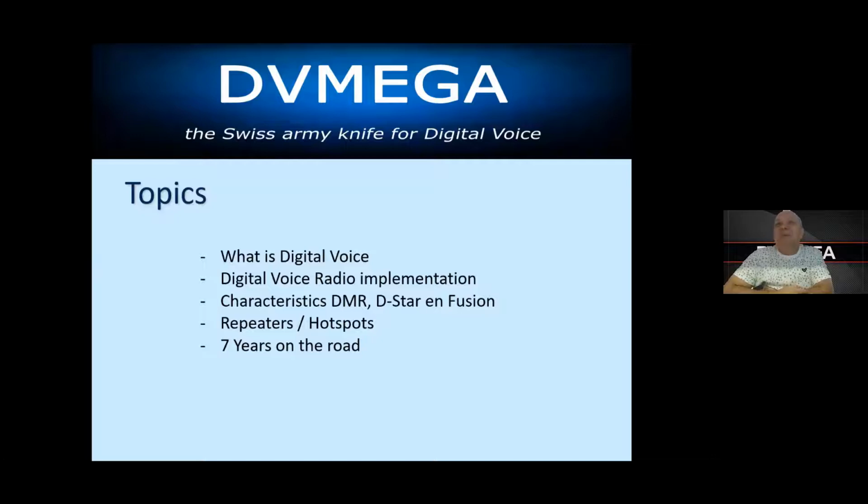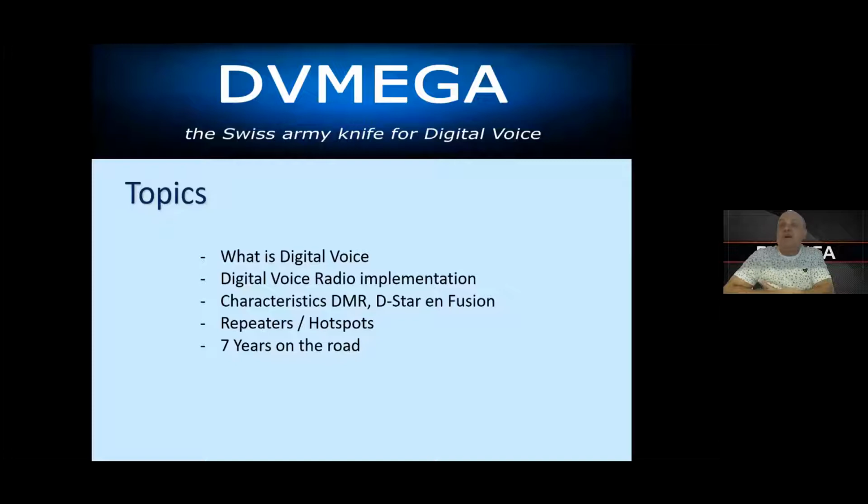Okay, I'm going to talk tonight about what digital voice is and how digital voice is implemented in a radio. I show you a small, simple diagram where digital voice comes in as compared with a standard analog radio. Some characteristics of DMR, D-Star and Fusion, which are the most common modes.